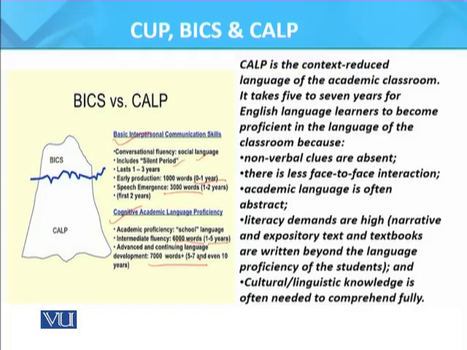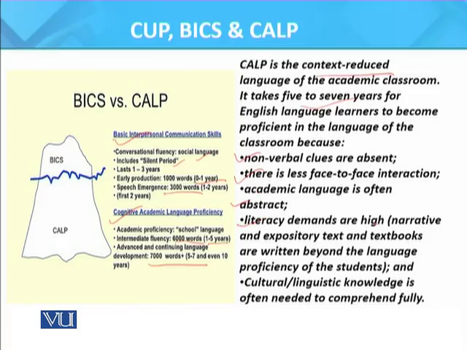So CALP, or cognitive academic language proficiency, is the context reduced language. It takes 5 to 7 years for English language learners to become proficient. Non-verbal clues are absent. Non-verbal behavioral gestures are not present there. There is less face-to-face interaction, and more emphasis on imparting academic books or academic information. It's often abstract since it only relies on the textbook material or the course books.